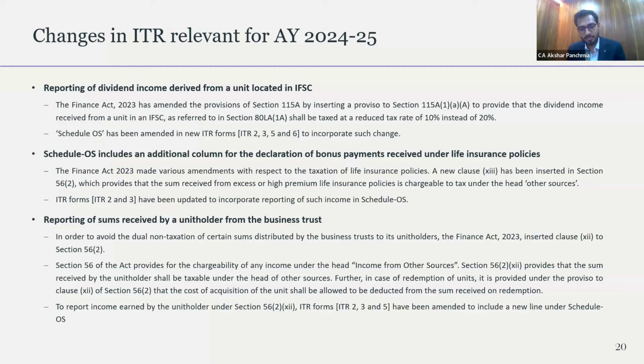And at the same time, when the units were actually sold or redeemed, that time the cost of the whole unit was also taken at the time of computing your capital gains. So because of this, there was a double non-taxation.